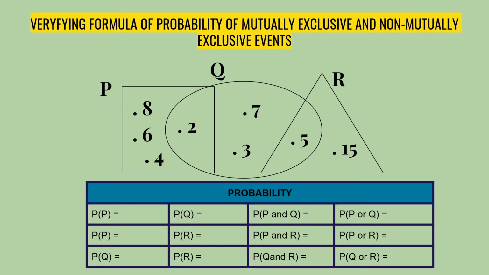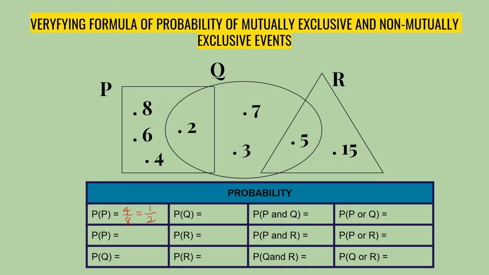So there are 4 elements of P, and the total elements in this Venn diagram is 1, 2, 3, 4, 5, 6, 7 and 8. There are 8 elements. So the probability of getting elements of P is equal to 4 over 8, or we can simplify, is equal to 1 over 2.